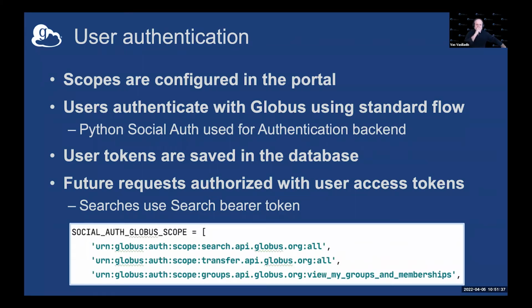So scopes determine what specific functionality you have access to against a resource, in a service, let's say. An example of a scope, as you can see down here, there's some examples of scopes. The bottom one is I can view my groups and memberships. So that scope only allows me to see the groups that I'm a member of.